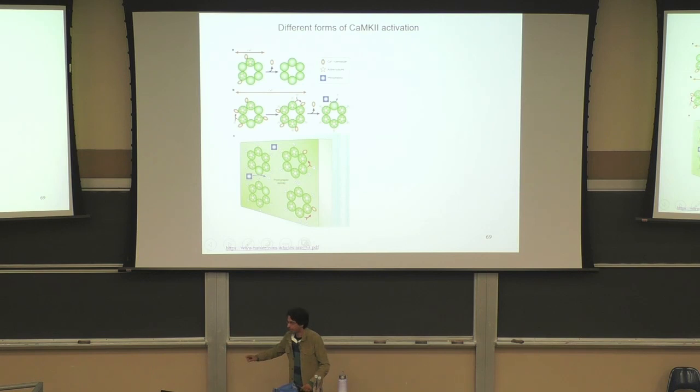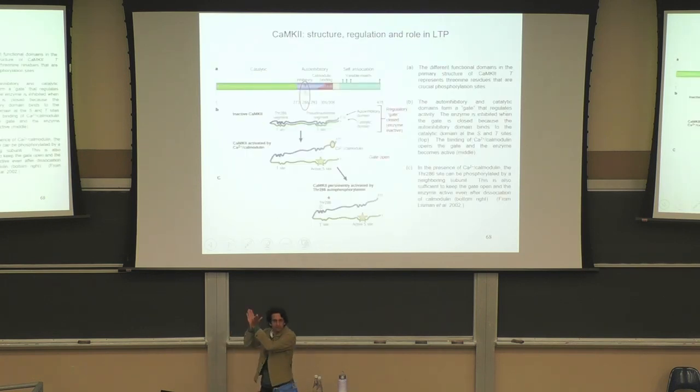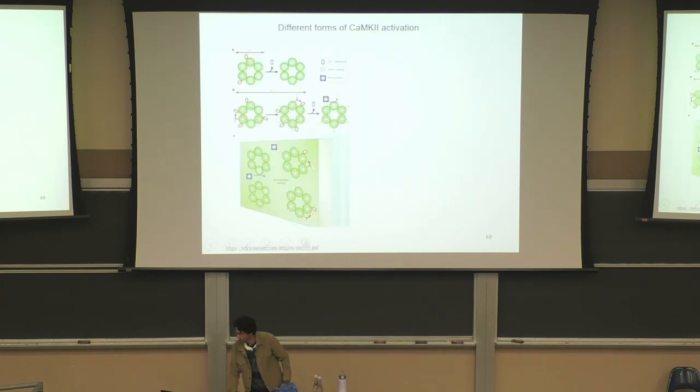The CAM kinase 2, this hair-clip-shaped thing, binds other CAM kinase 2s and forms this six-member hexameric ring structure. Each unit can phosphorylate the other one.